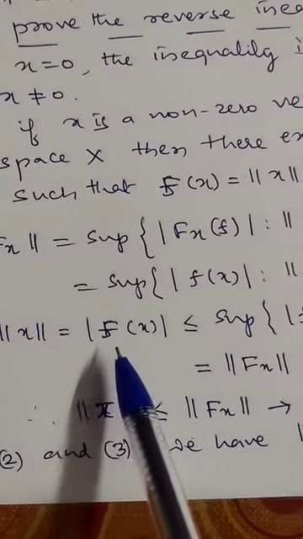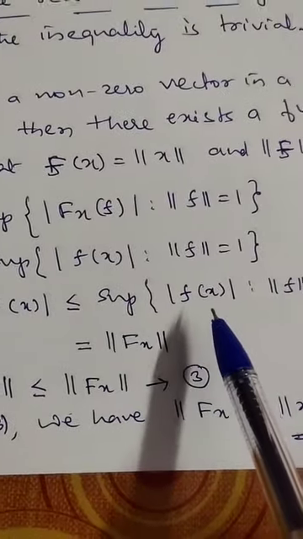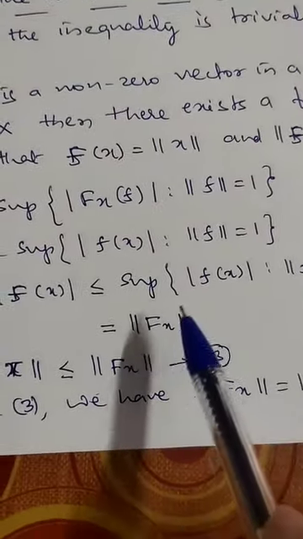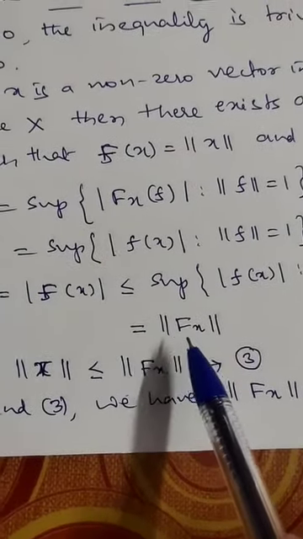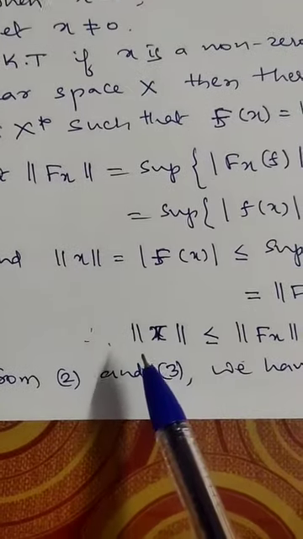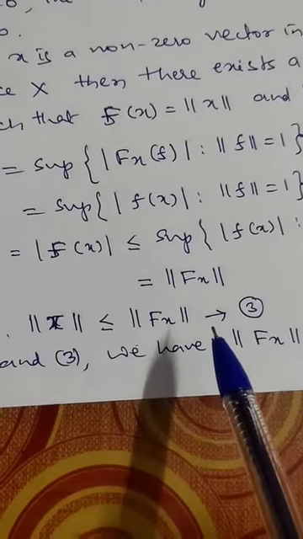According to this, norm of x is mod of f of x, which is less than or equal to the supremum of mod of f of x such that norm of f is equal to 1. This is always true. But this term is nothing but norm of Fx by this condition. Therefore we can see that norm of x is less than or equal to norm of Fx.